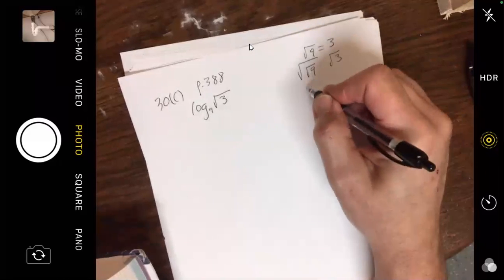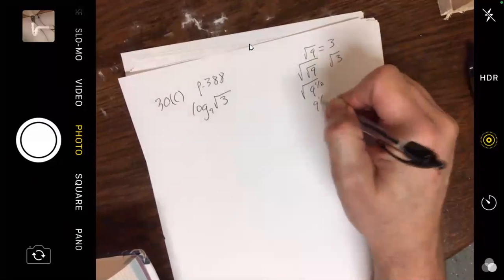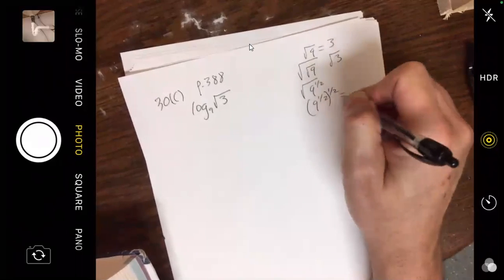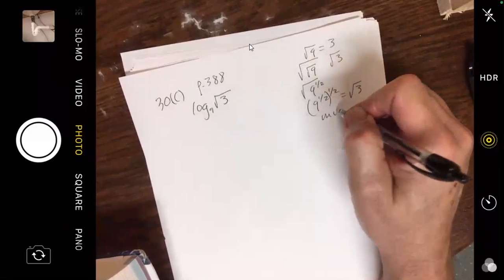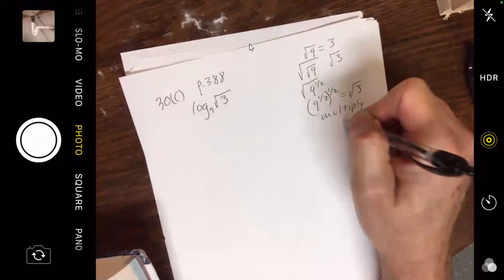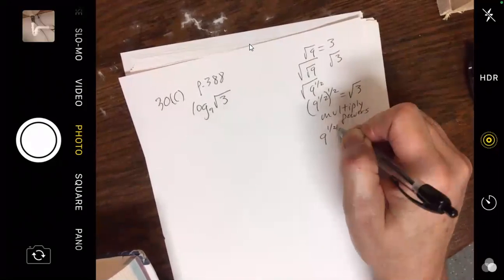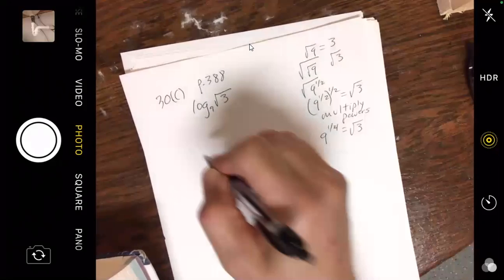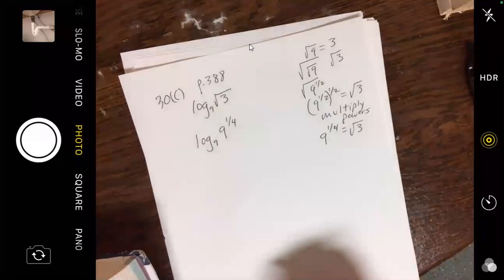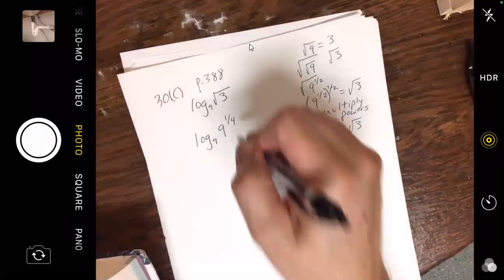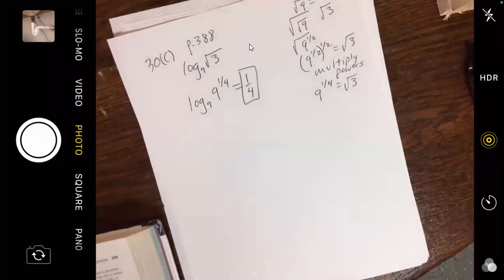Well, that would be the square root of 9 to 1/2, and that would be 9 to 1/2 raised to 1/2. Well, when you raise a power to a power, you multiply powers. So in effect, 9 to the 1/4 is the square root of 3. So that's log base 9 of 9 to the 1/4. That'd be 1/4. It's a little tricky.